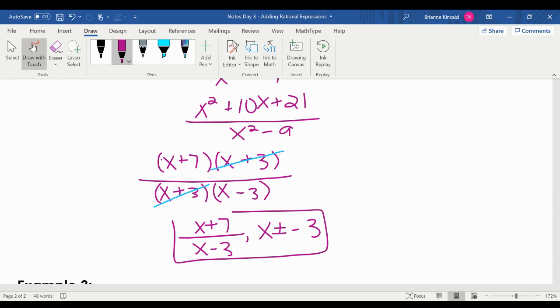Because if I plug it in here, -3 plus 3 is going to give me 0, and we can't divide by 0. Once again, I see a lot of students who try to cross these x's off. You cannot divide within addition or subtraction. If these were being multiplied, you could do that, but you can't because it's x plus 7, x minus 3.